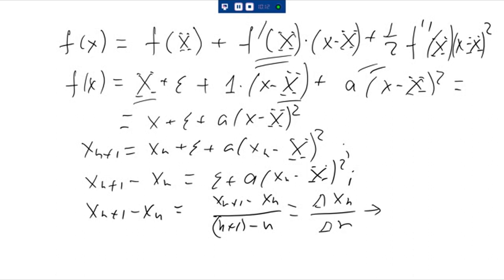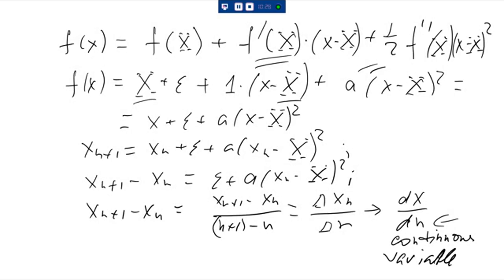And this we will replace by the derivative dx over dn. So now n is considered to be a continuous variable. It is like swapping between a difference equation and a differential equation. So what we got is dx over dn equals epsilon plus a times x minus x capital squared.